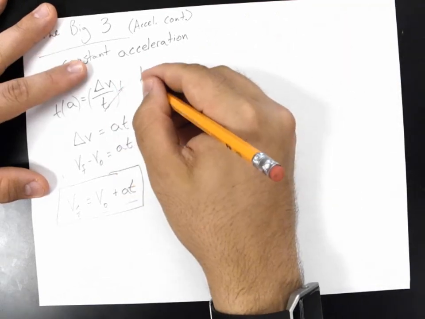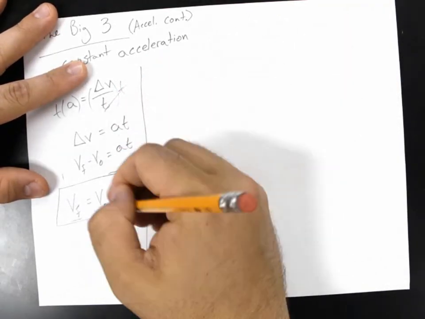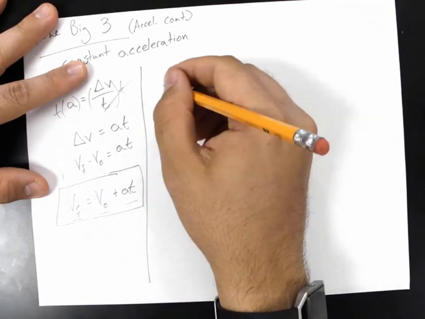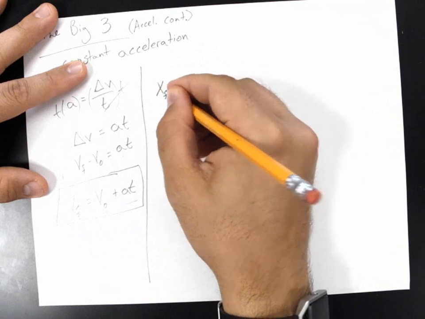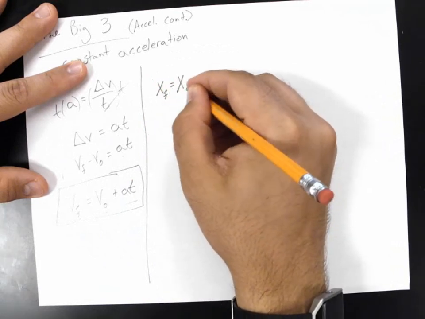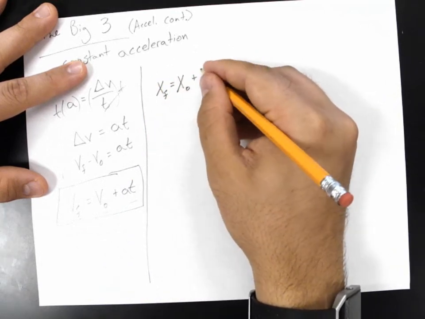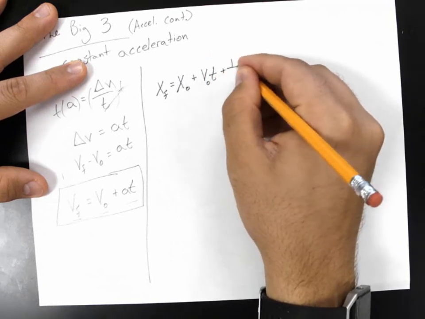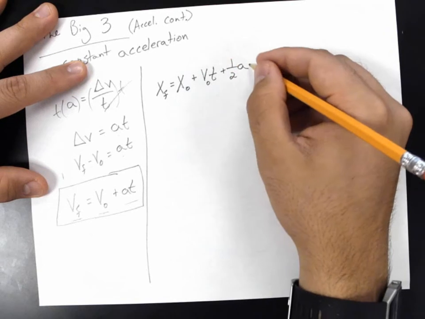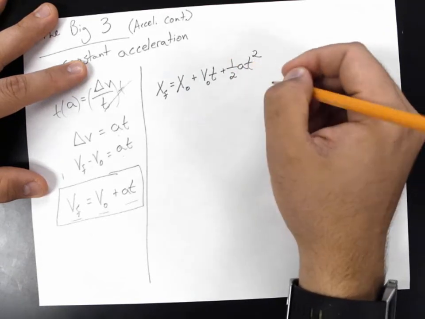The second of the big three is the equation that you get when you take the integral here. And what that looks like is this: x final equals x initial plus v initial times time plus 1/2 the acceleration times the time squared.